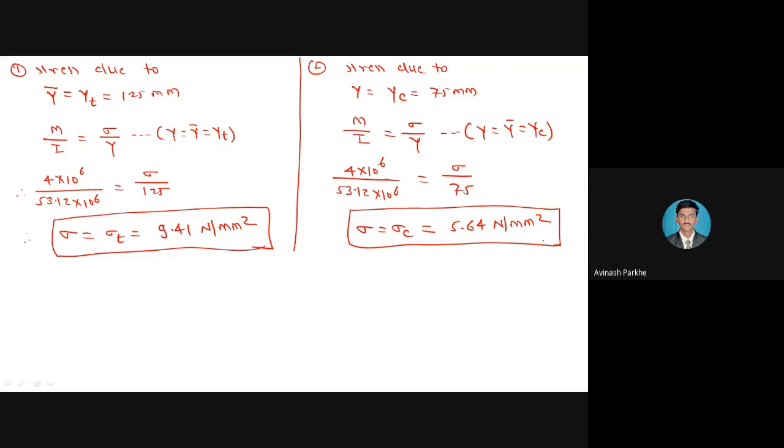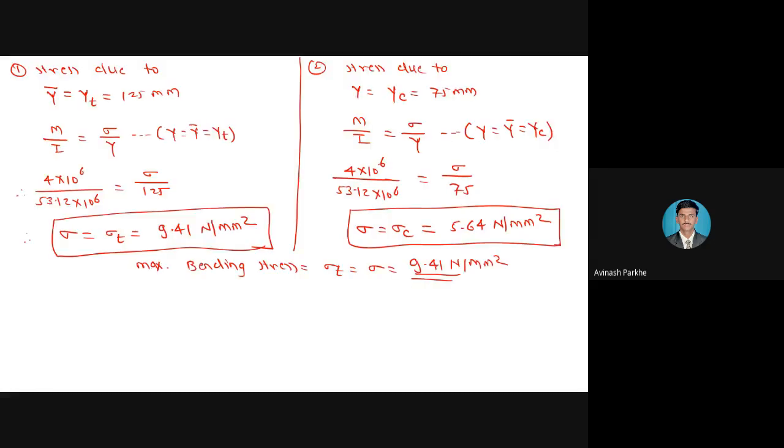Therefore, I can easily say that the maximum bending stress is equal to sigma t is equal to 9.41 Newton per mm square. This is the maximum bending stress.